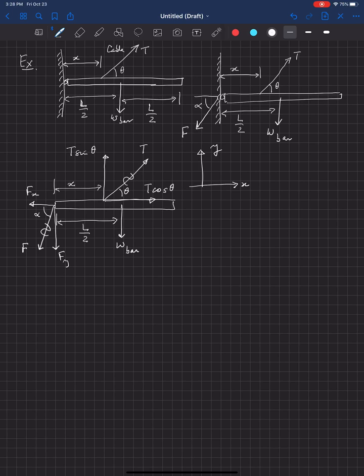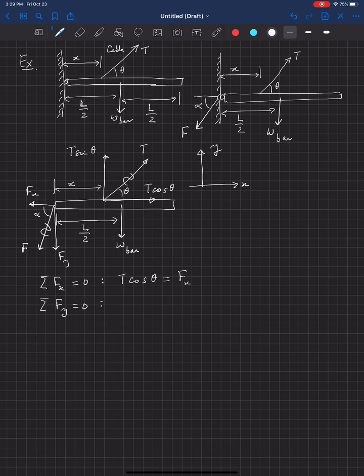Okay, and so now I'm set to solve the problem. All right. So let's write down the first condition of equilibrium. Fx equals 0. The forces going to the right must equal the forces going to the left. So we have T cosine theta, which is going to the right, must equal Fx, which is the force going to the left. Then the condition Fy equals 0. What's going up must equal what's going down.